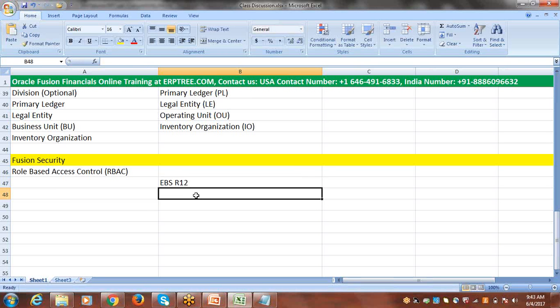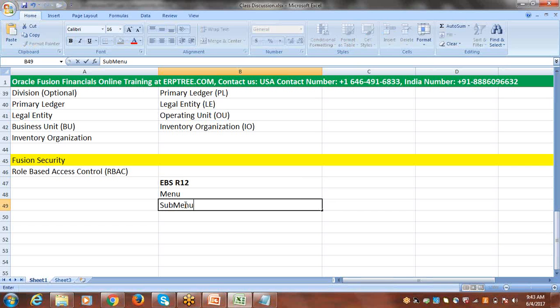How we manage security is with the concept called menus. We'll have a menu, within the menu you can have the submenu concept, and within the submenu we'll have functions. So menu, submenu, and functions.